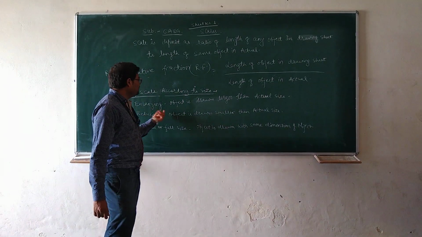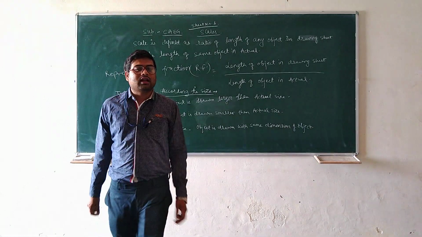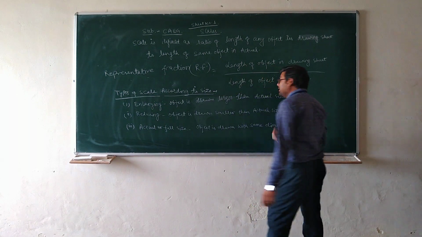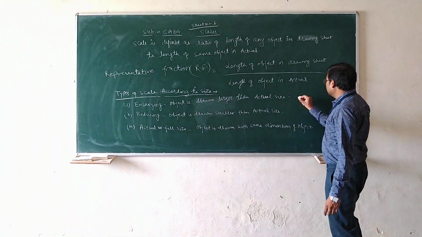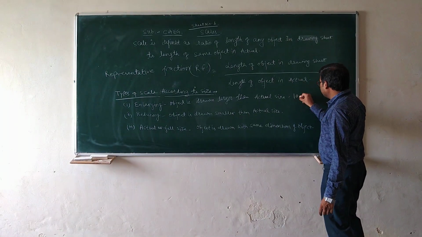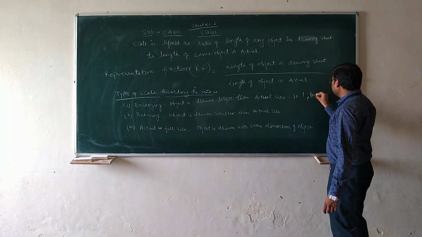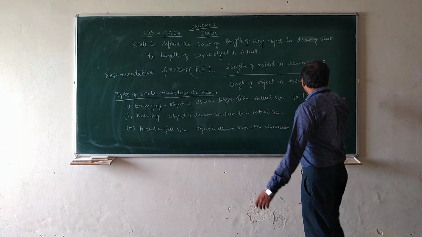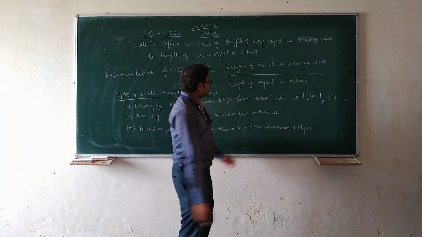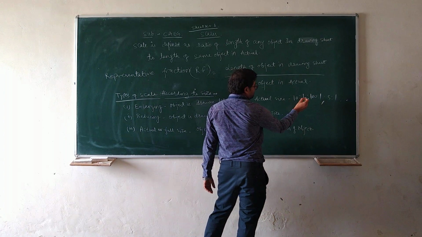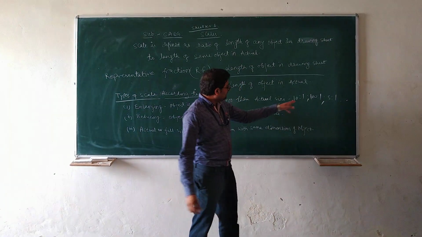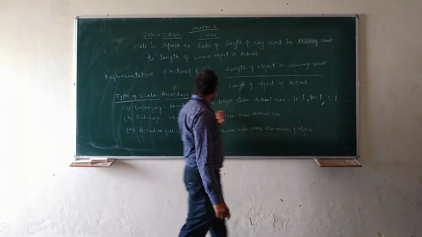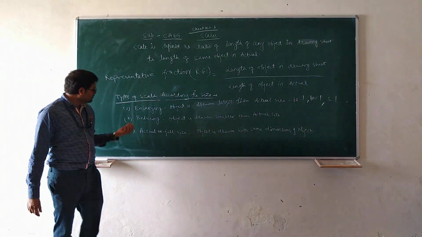In enlarging scale, the object is drawn larger than actual size, and here we can take RF like 10:1, 100:1, 5:1, and so on. In this, the actual size is 1 and the length of the object in the drawing sheet is 10. So it is the enlarging scale.